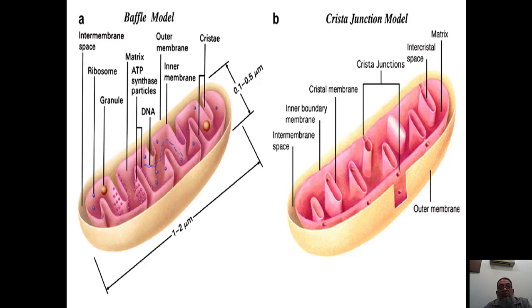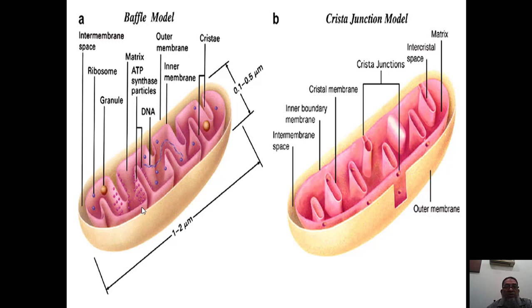Now, these are the 2 models, Baffle model and Crista junction model. These models are based on the shape and location of the cristae within the mitochondria. In this Baffle model, you see this is the infolding of the inner mitochondrial membrane having a separate mitochondrial space. Look at these, the whole of the inner membrane is folded itself.